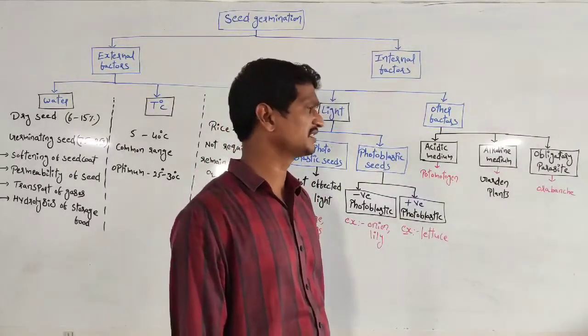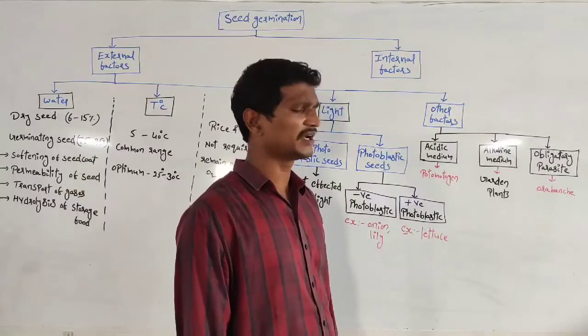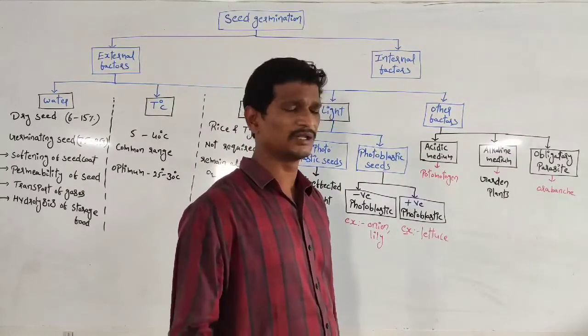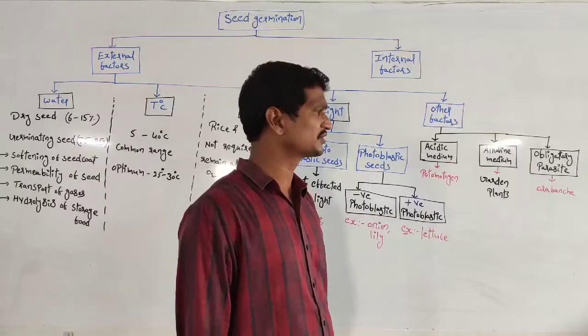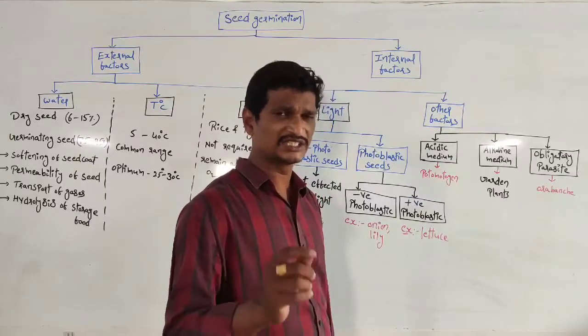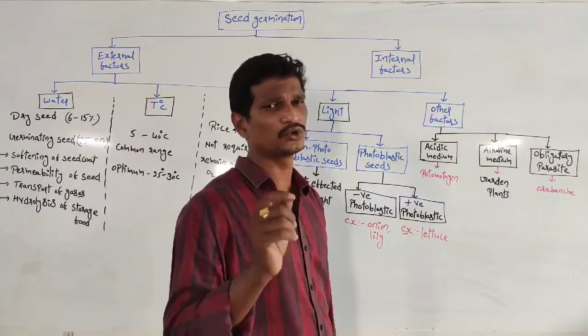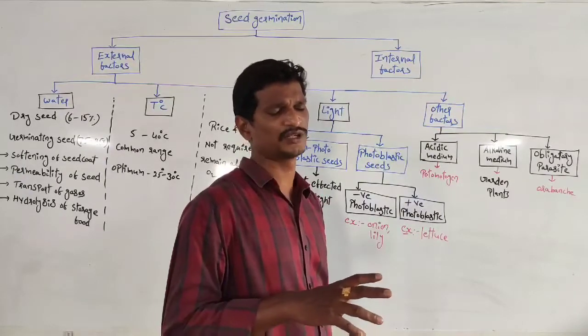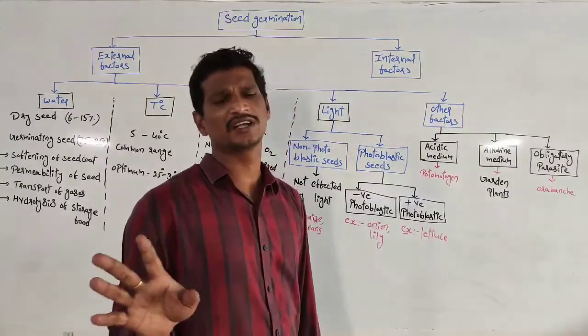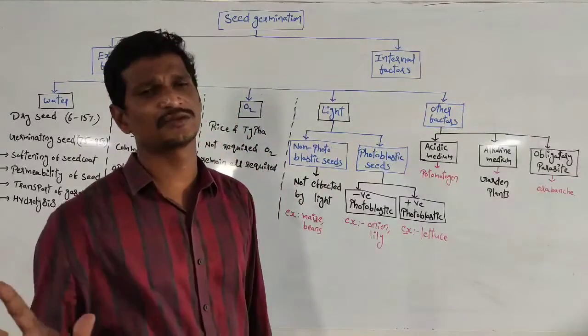So Orobanche is one of the parasitic plants. These seeds are germinated only in the presence of host plants. If host plants are not available, the seeds are not germinated.